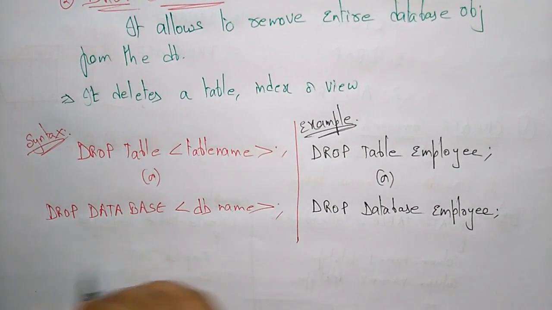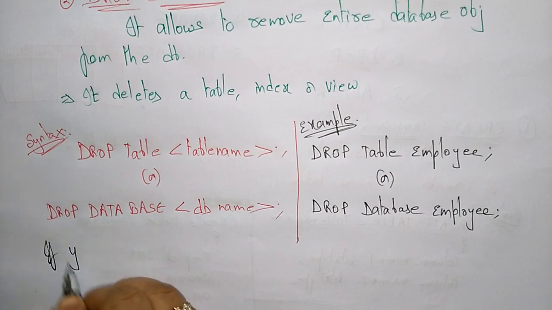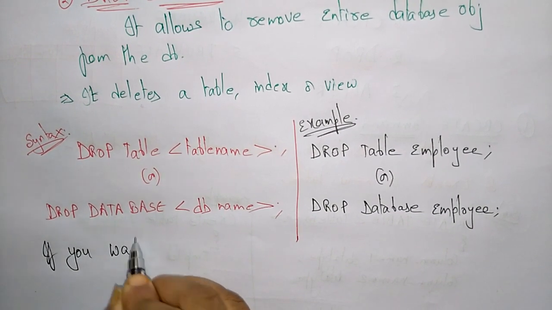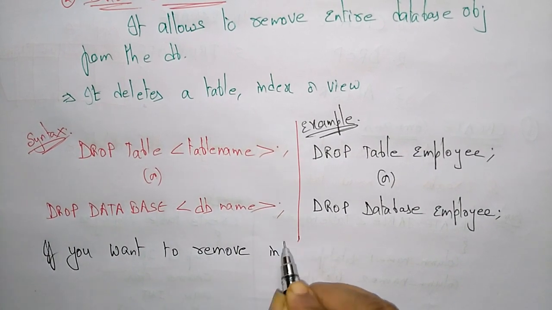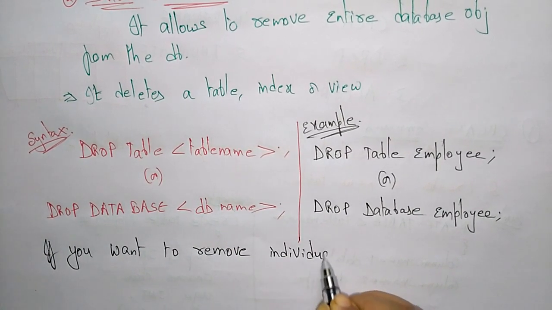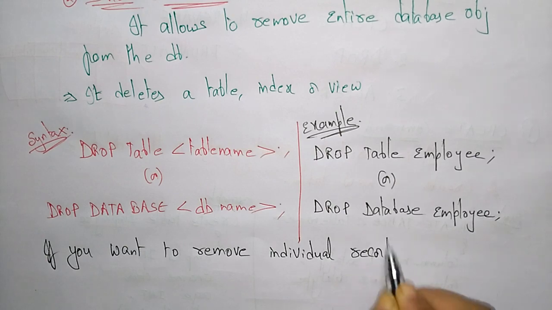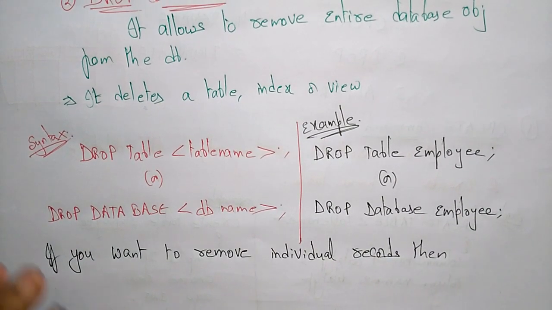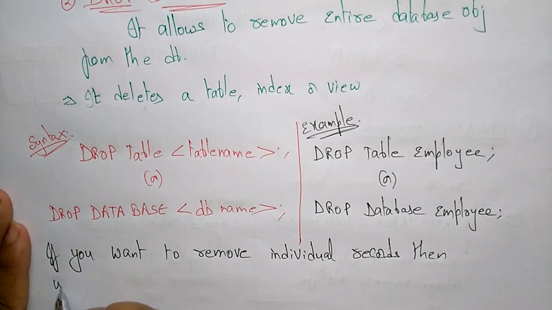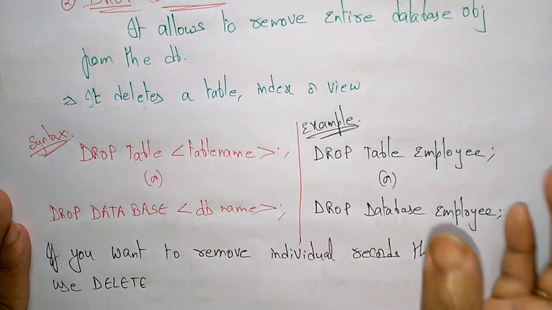So if you want to remove individual records, if you want to remove an individual record in a table, then you can use the delete command, not drop, which is for complete table dropping.